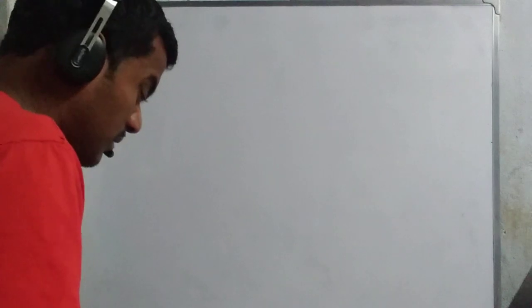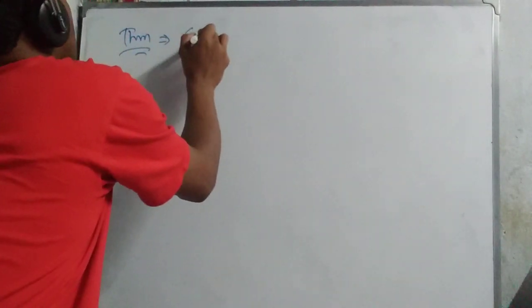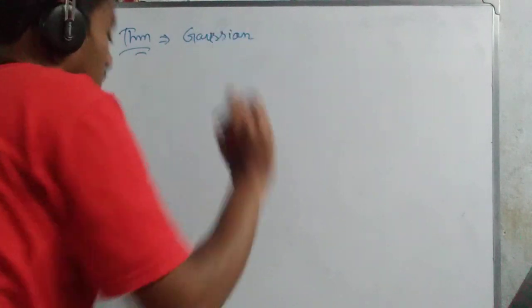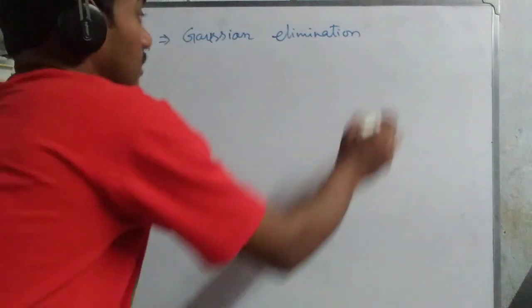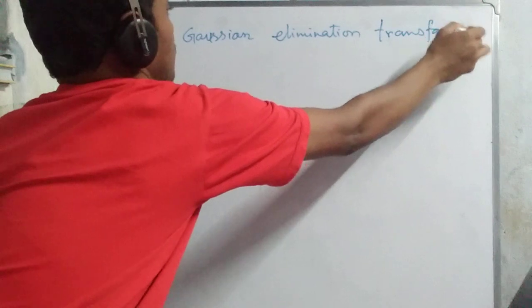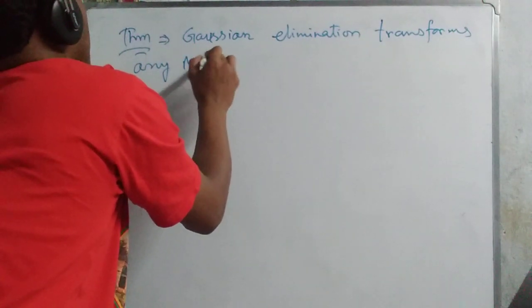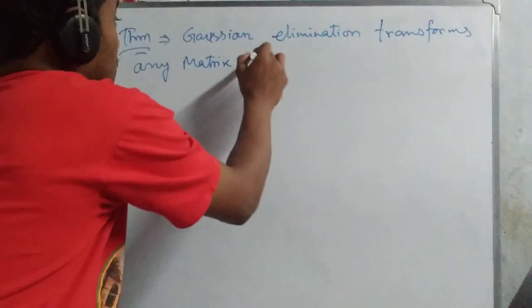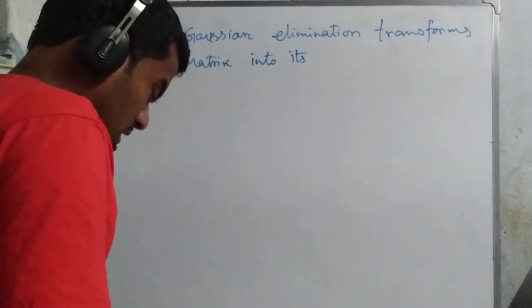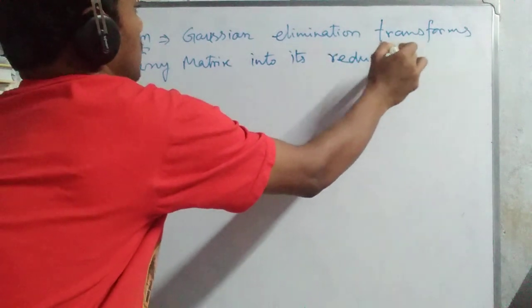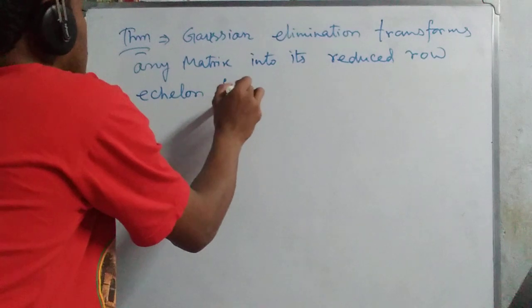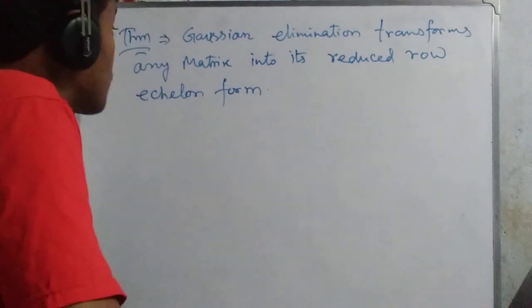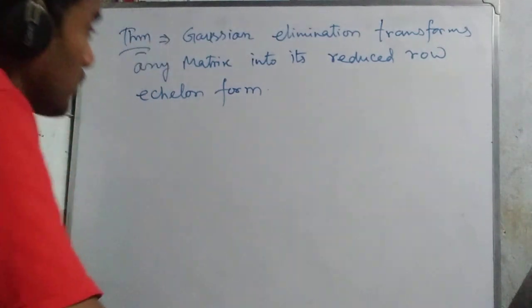Theorem: Gaussian elimination transforms any matrix into its reduced row echelon form. Understood?